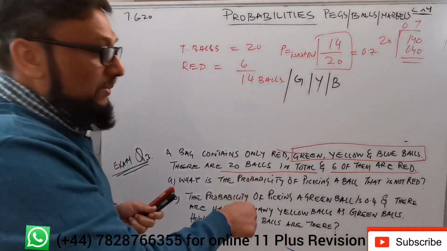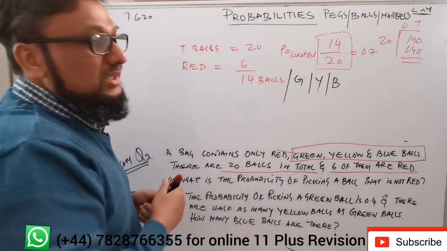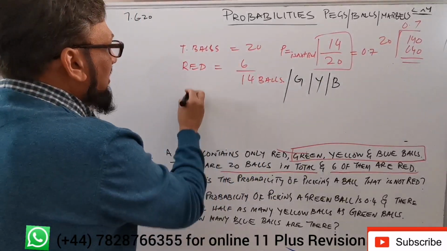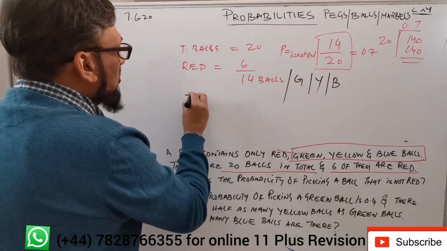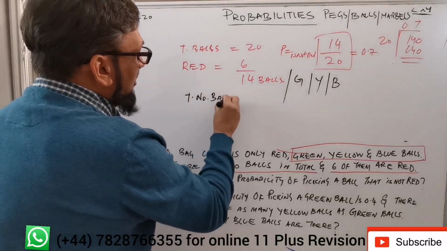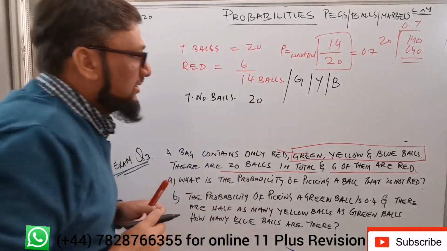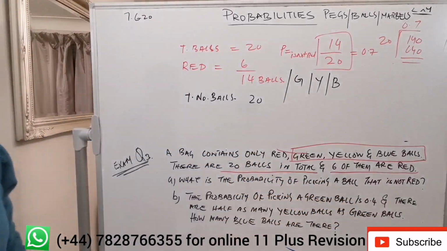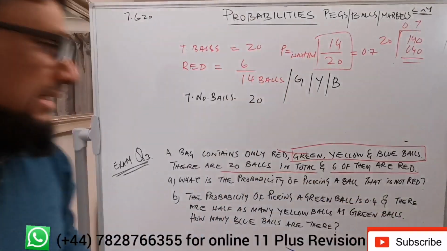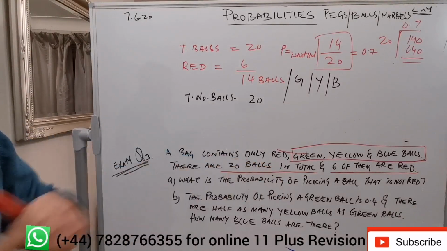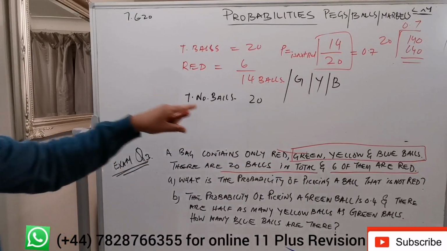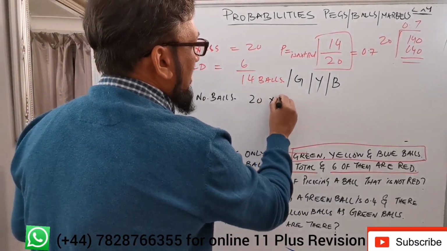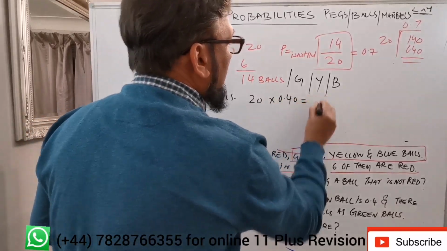So 0.4 means 40%, or if I say that the total number of balls is 20, how many are there? 20. And you need to find out how many are green, but they are giving you the probability, which is 0.4.